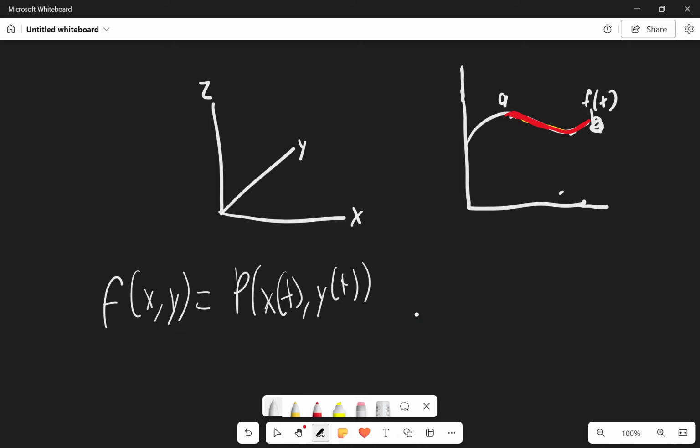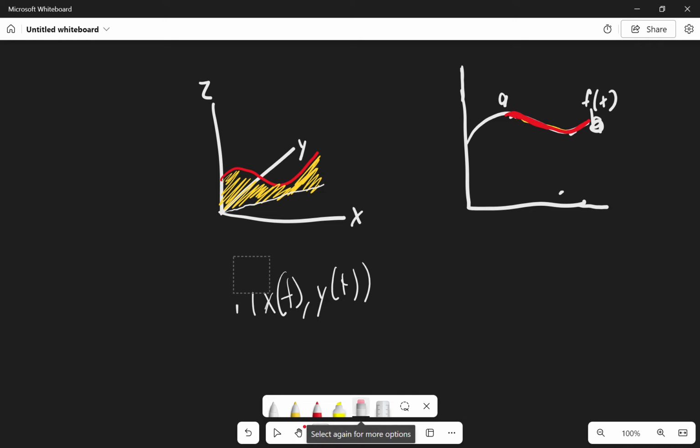So imagine here we have this line, and we want to get the area under it, right? The f(x, y) will tell us the height, and we need the path that it is following in the xy plane. So let's call this a line.